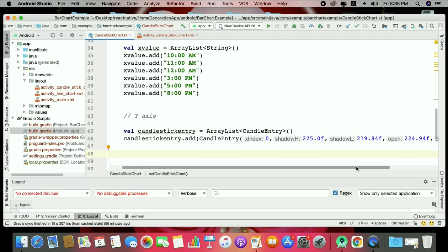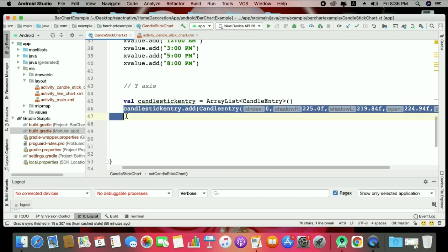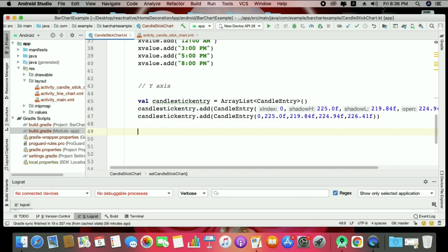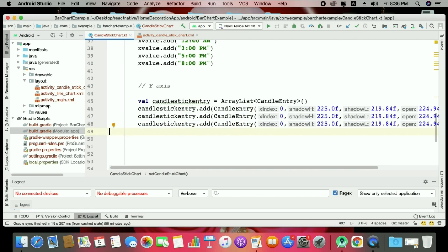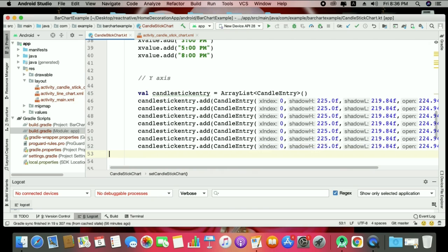If you want the series, you can just copy paste it, 1 2 3 4 5 6. First you have to work with this indexing. You have to do an increment on it, otherwise it shows you the wrong chart or single lines or whatever.